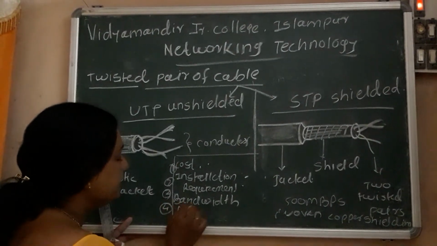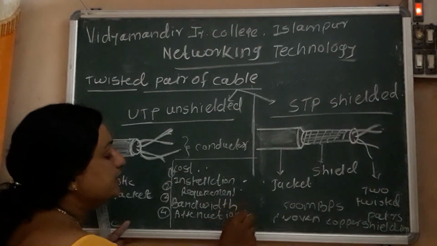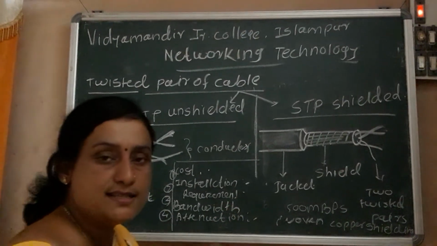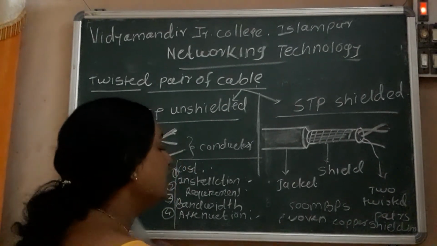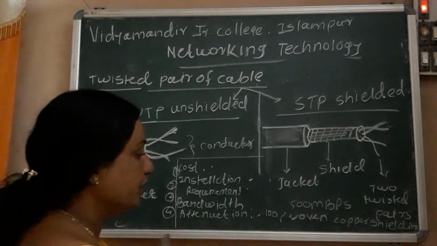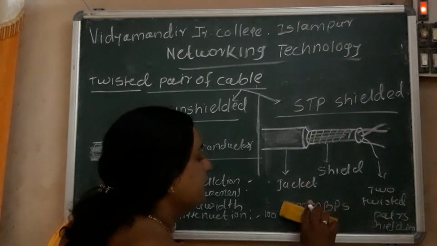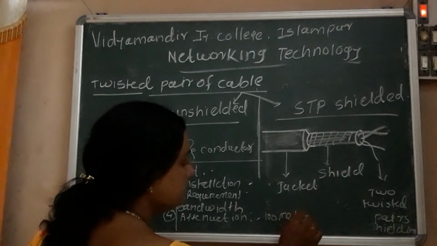Next, fourth characteristic, attenuation. Attenuation is nothing but measuring how much signal is lost from source to the destination. Up to 100 meters, it cannot create attenuation.